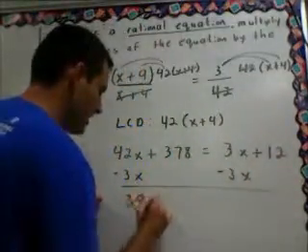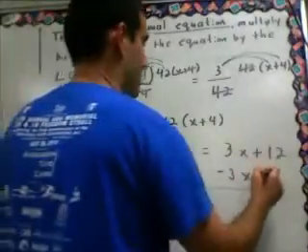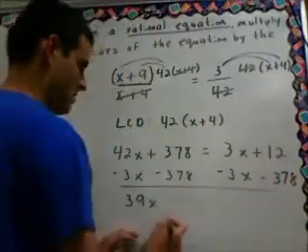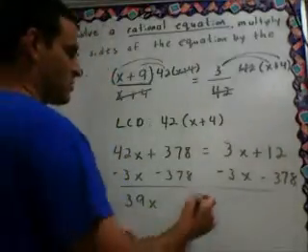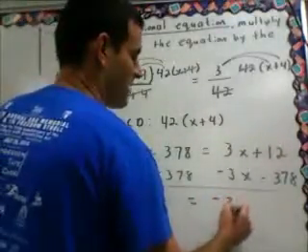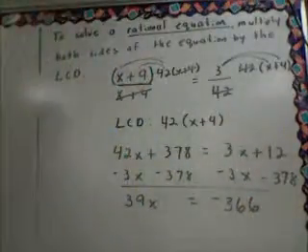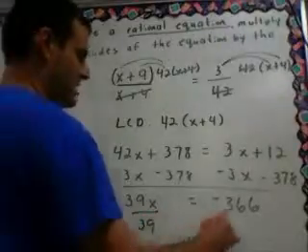So this is 39x. And then we'll subtract our 378. So we get 39x is equal to negative 366. Divide both sides by 39.